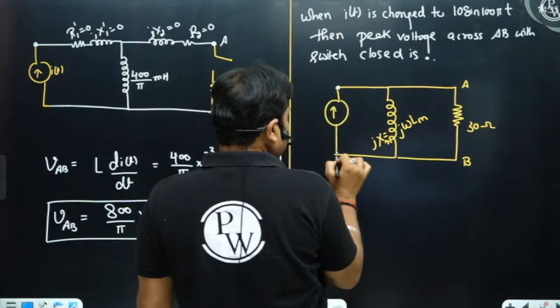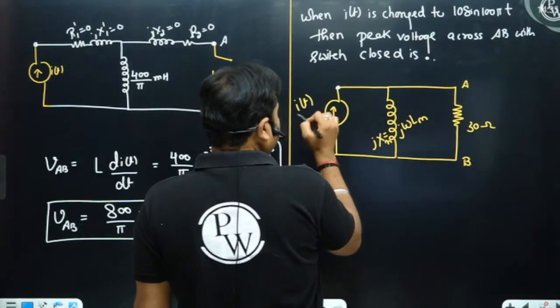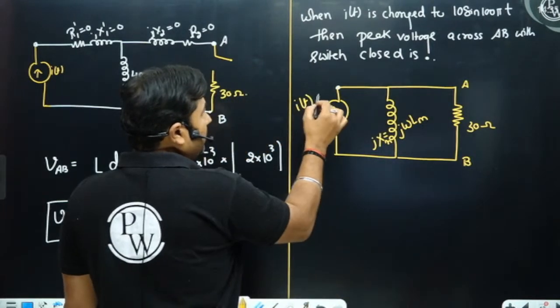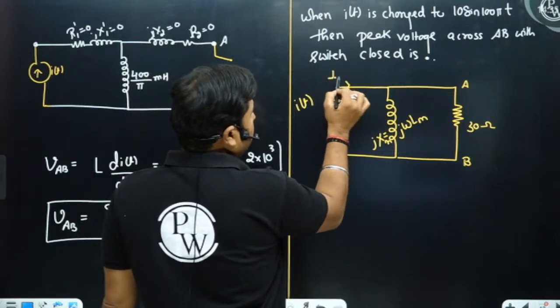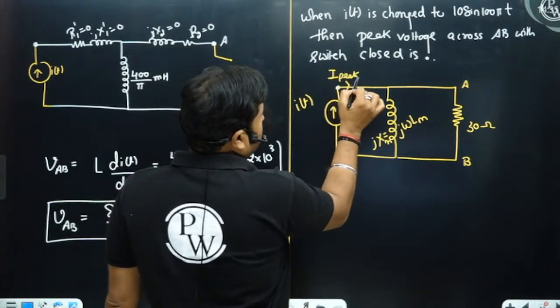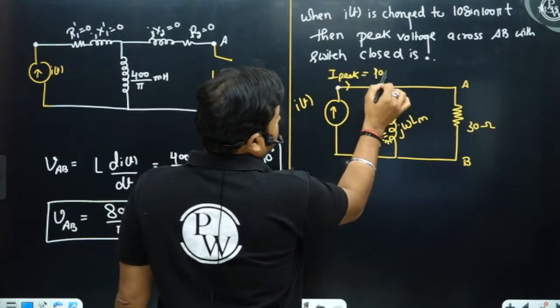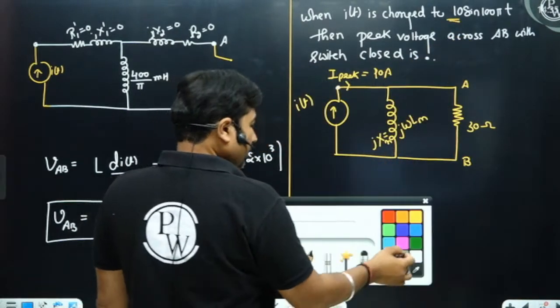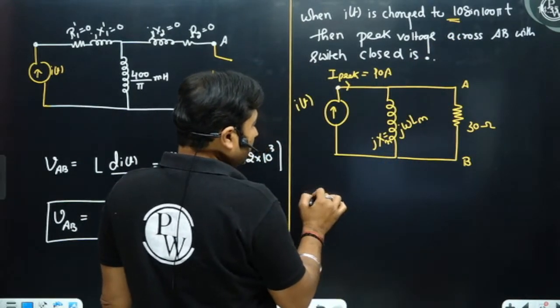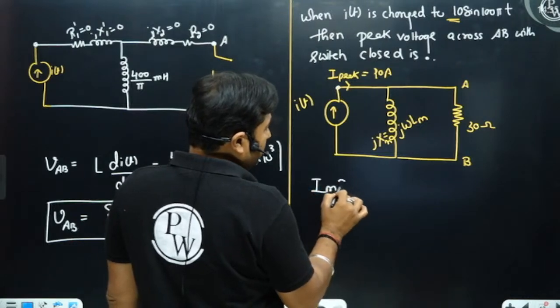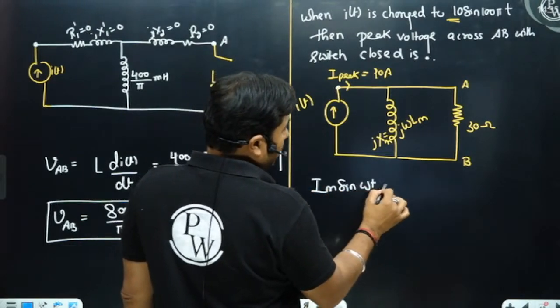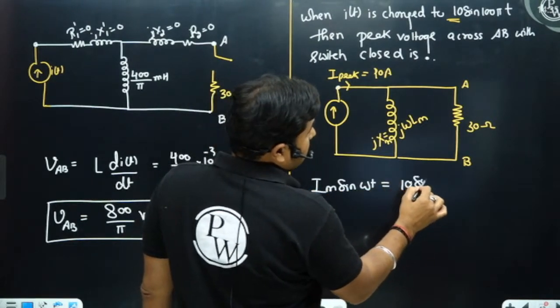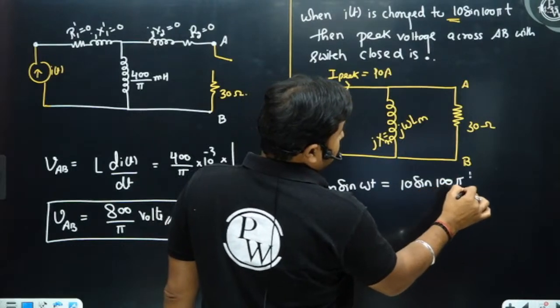Current source IT. What is the peak current? Peak current here is 10 ampere. What is the value of omega? Im sine omega t is 10 sine 100 pi t.